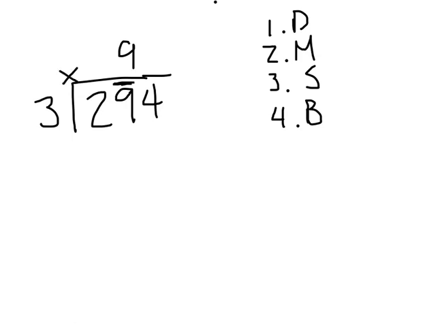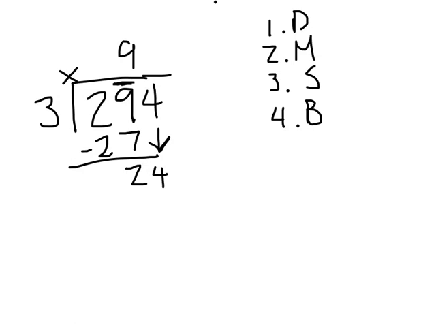Now I can multiply to see how many tens I used. What's 9 times 3? 9 times 3 is 27. When I subtract, how many do I have left over? I have 2 left over. Now I bring down my 4. I need to divide 24 divided by 3.